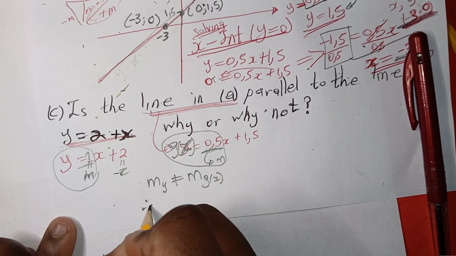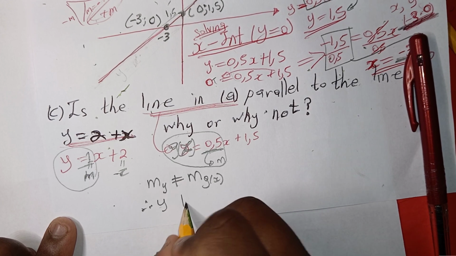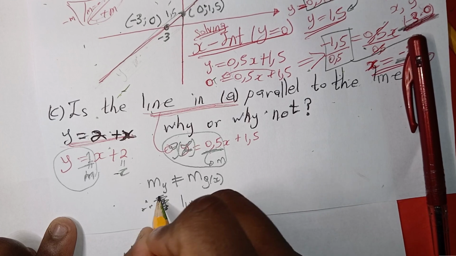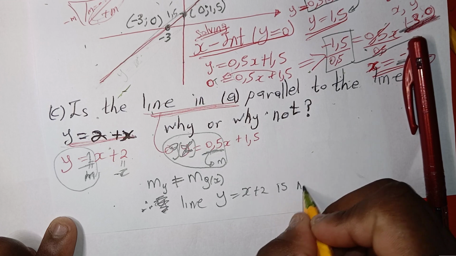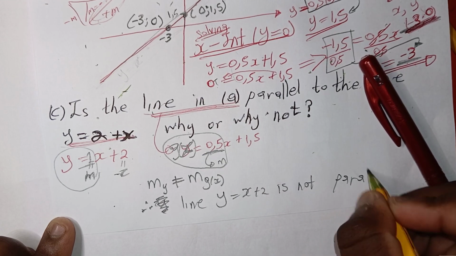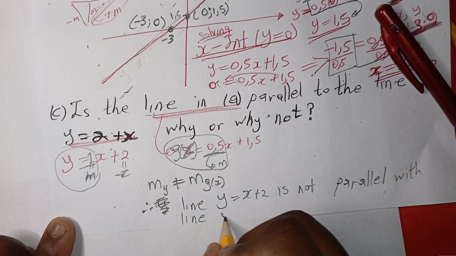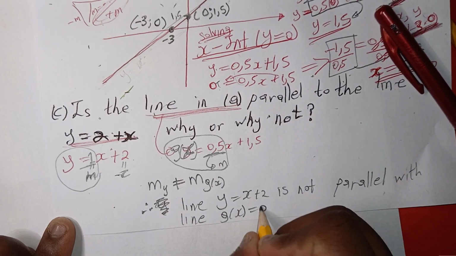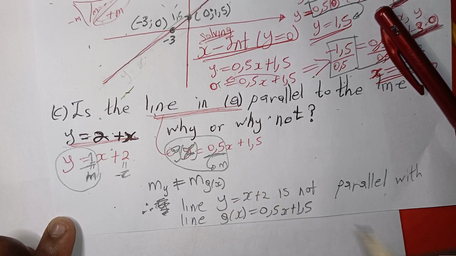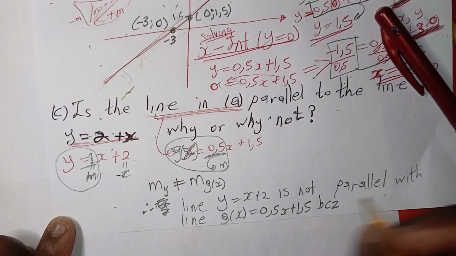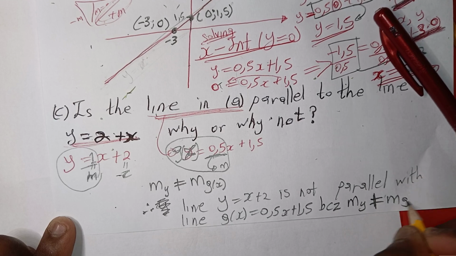So therefore, line y is not parallel with line g of x, which is 0,5x plus 1,5. The reason you say it's not parallel is because the gradient of y is not equal to the gradient of g of x.